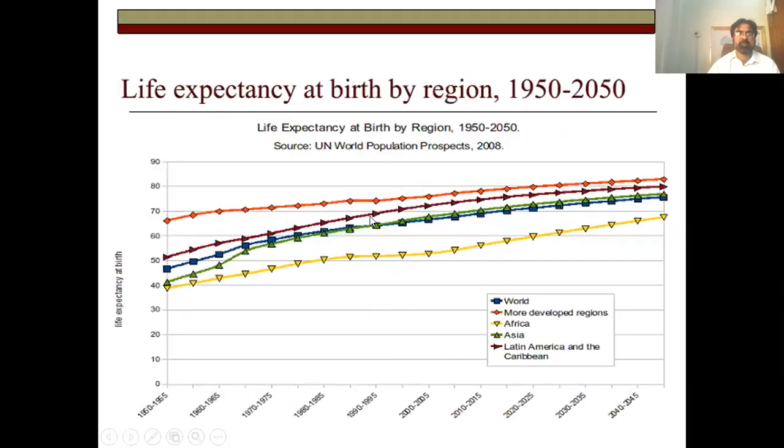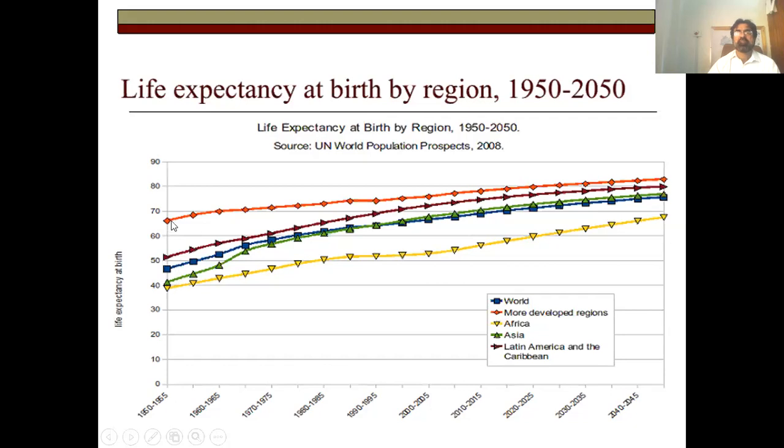These are the life expectancies of different countries and different continents of the world. The green one shows Asia, the yellow one is Africa, the orange one is the more developed nations, the purple is the Latin American and Caribbean countries, and the blue one is the whole world on average.